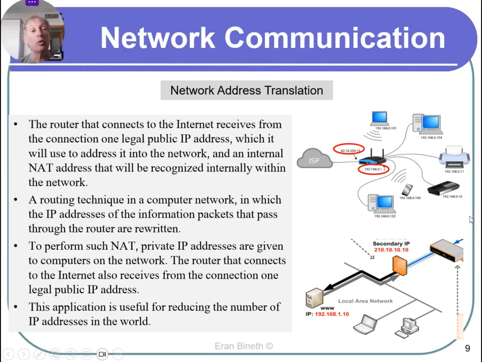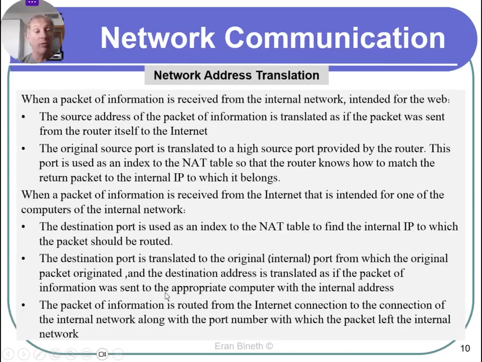Serving that to Google, Google would know how to reply to this router because the router's IP is real. It's not a NAT-based or a Martian-based address. It's a real address given by the ISP. When this reply arrives, this router would use its internal tables to know where to route this reply forward. Accordingly, using an IP and a port specification, the message could go out of a household premise to Google and back, even though there are Martian addresses.